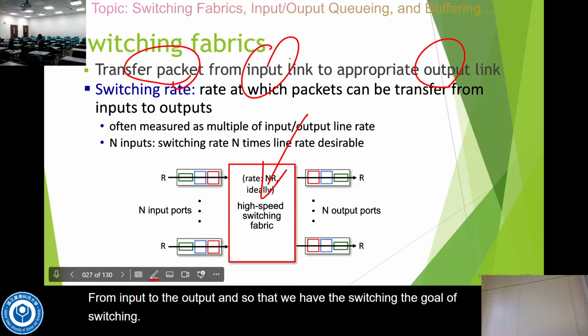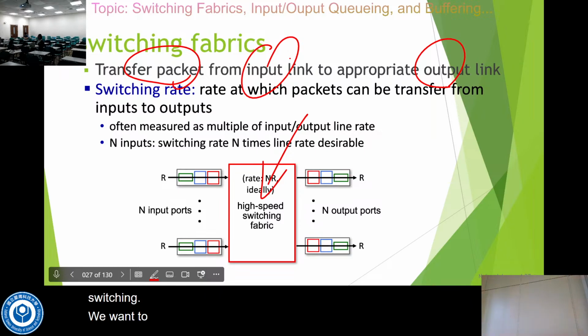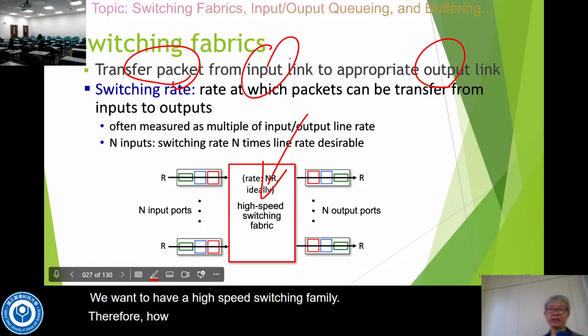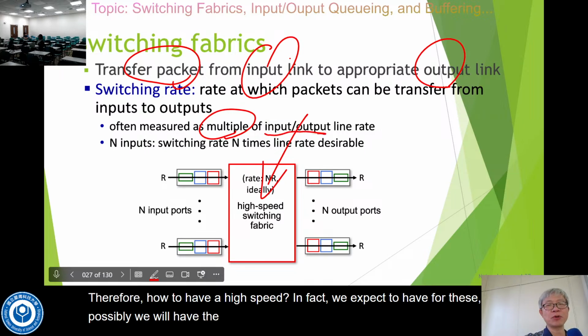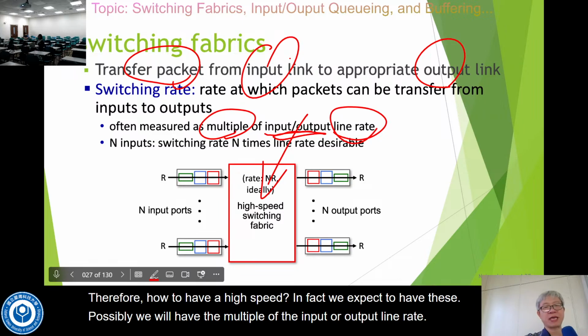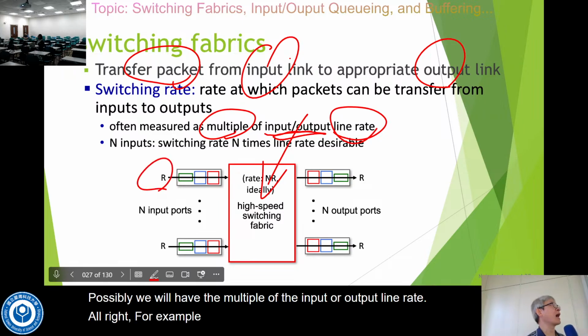Well, we want to have a high-speed switching fabric. Therefore, how to have a high speed? In fact, possibly we will have a multiple of the input or output line rate. For example, we have the rate R here.